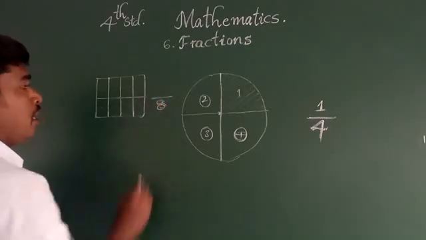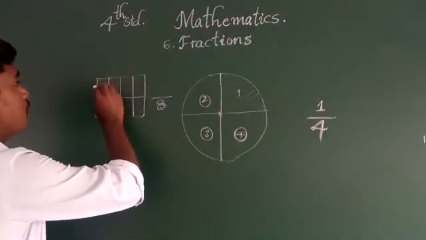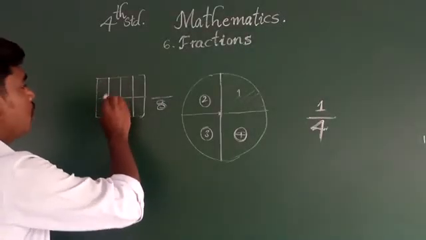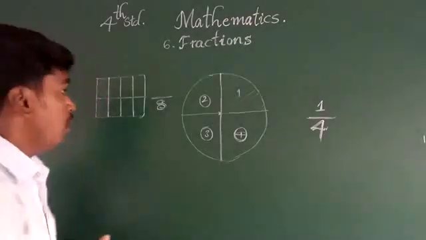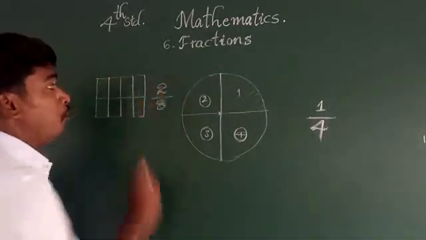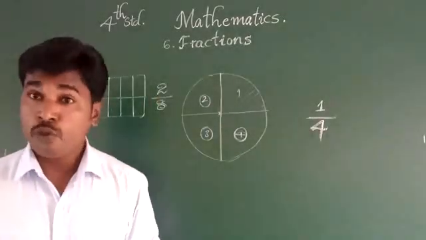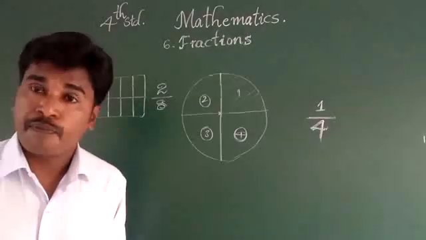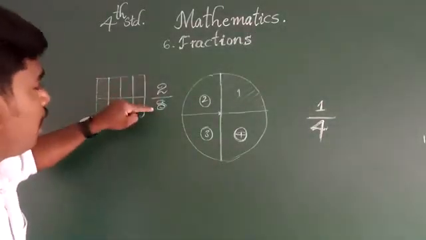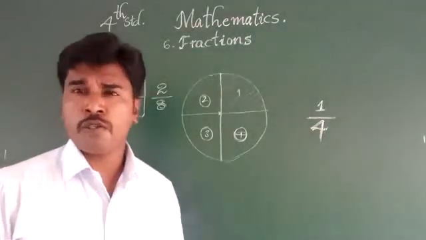Out of 8 parts, I am going to shade 2 parts. Here 1 and this is the second part. How many parts are shaded? The shaded parts are 2. Shaded is nothing but how many parts are taken. Those we call fractional numbers. Here 2/8 and 1/4. You can write them on your own also.